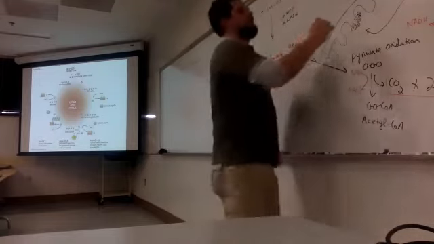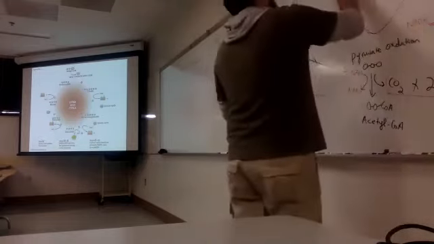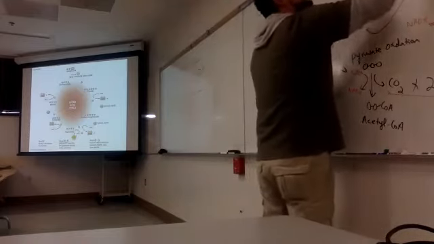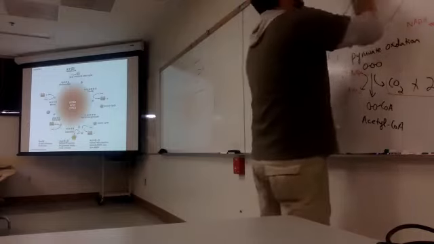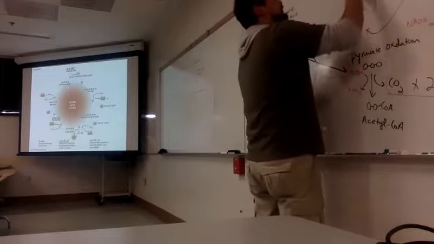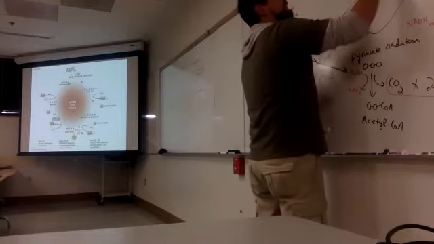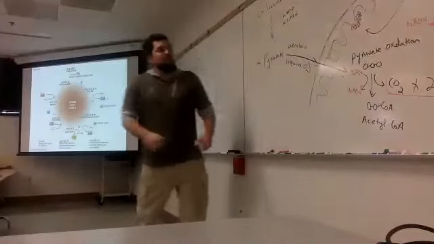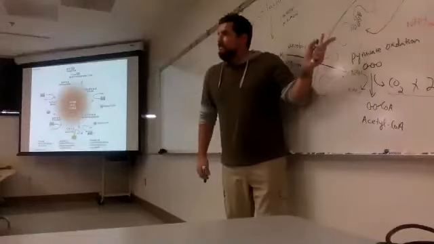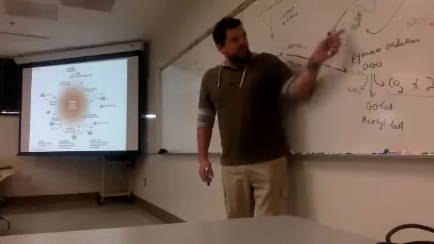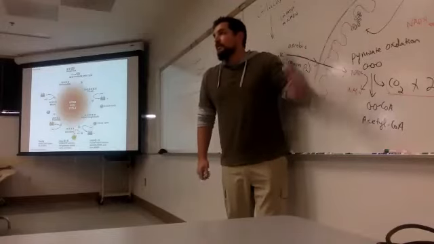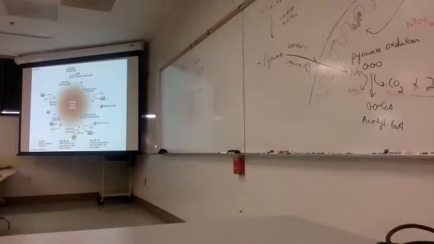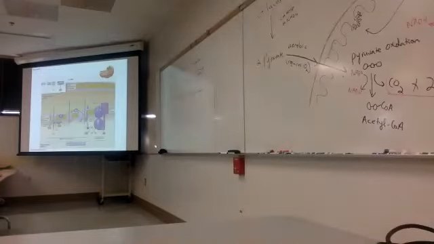This is where the electron transport system, or chain, called ETC or ETS, is. That's the next part. The proteins that carry out that function are located in the inner membrane of the mitochondria. So here's what that looks like. I'll show you a picture.